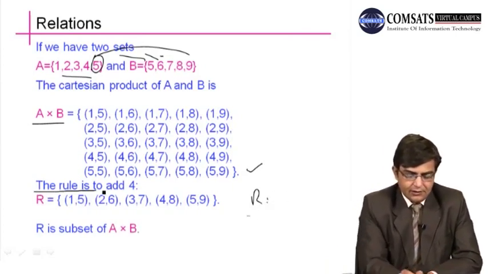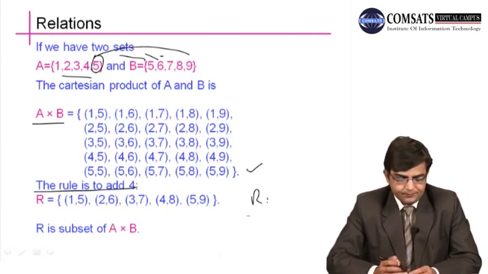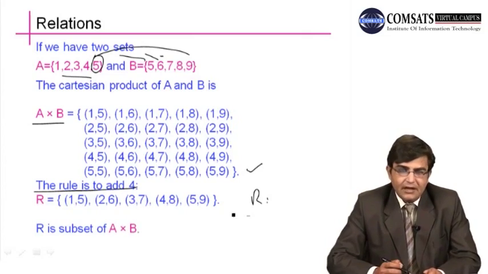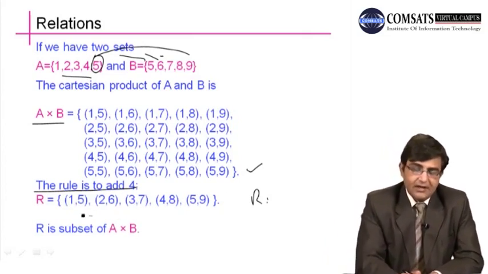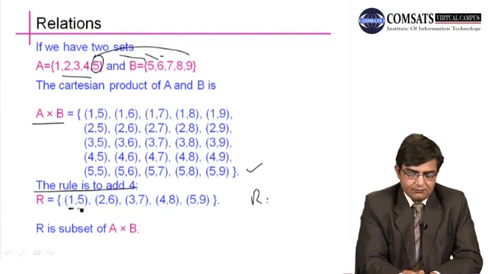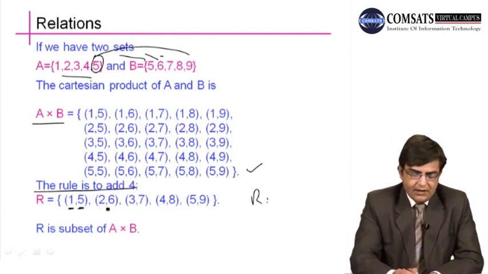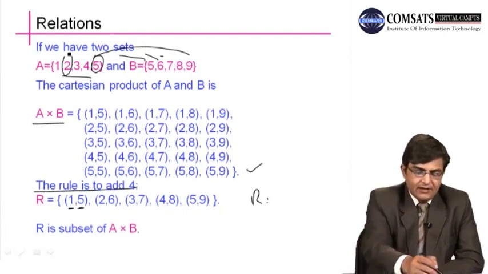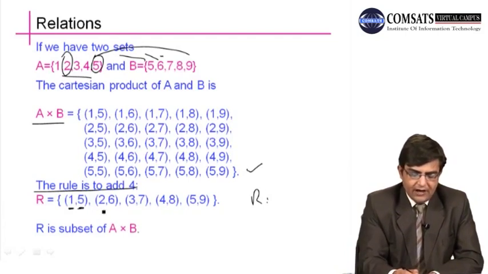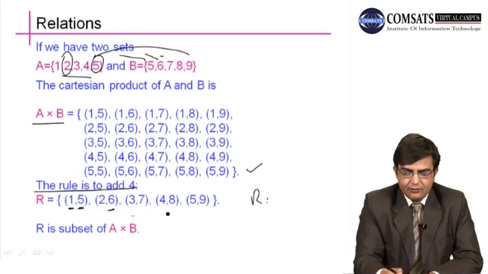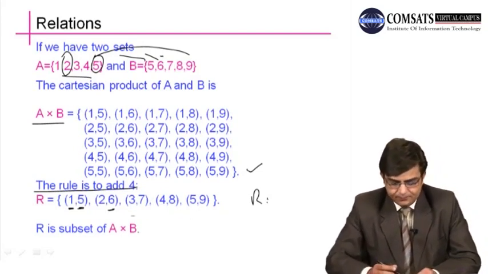So here the rule is to add 4 to the first element of A, and we get another element which is in B. The first element of A is 1, we add 4 to 1, we get 5. The second element of A is 2, we add 4 to 2 and we get 6. Similarly 3 and 7, 4 and 8, 5 and 9.